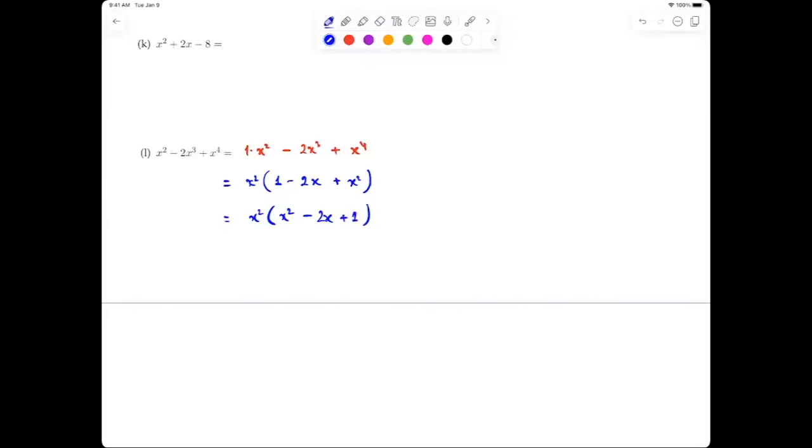When you add them together, you get negative 2. When you multiply them together, you get positive 1. So the two numbers are negative 1, negative 1, right? So you have x squared times x minus 1 times x minus 1. Now, you notice that you have the same x minus 1 times x minus 1, so I'm going to write x minus 1 squared. Good. So the result should be x squared times x minus 1, all squared.